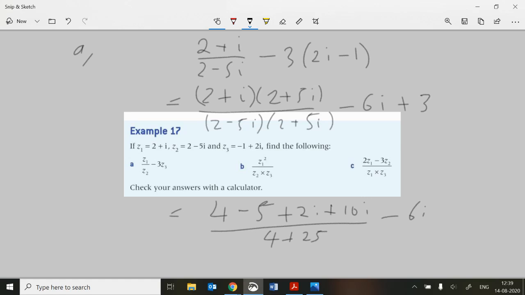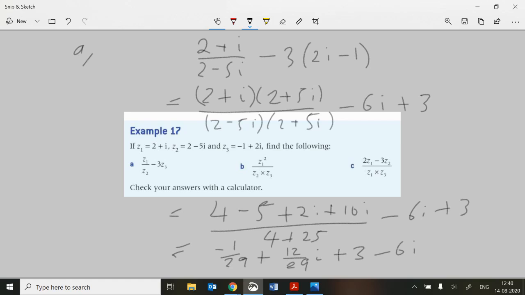Now take away 6i plus 3, and we can see that this thing here is all going to be over 29. So we've got minus 1 over 29, and then plus 12 over 29 i, and then plus 3, and then minus 6i.